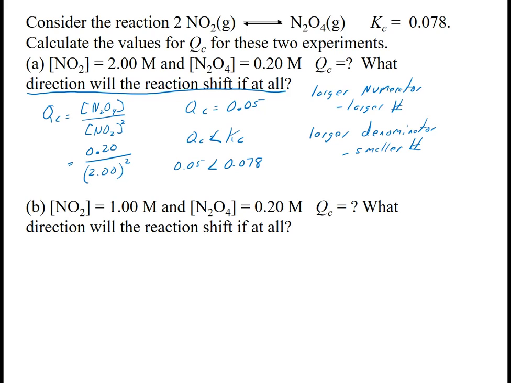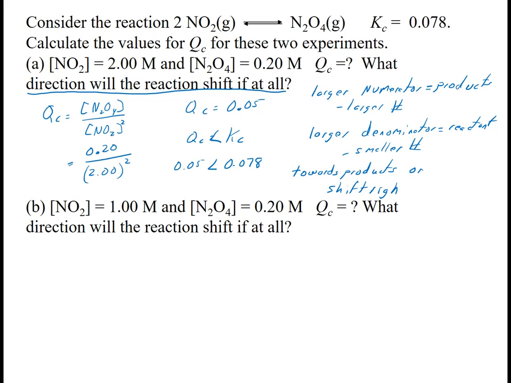In this case, I want to make QC larger, and the numerator represents the products. The denominator represents the reactants. So I want a larger number, which means it goes towards products. My answer ultimately is towards products, or I can say shifts right.